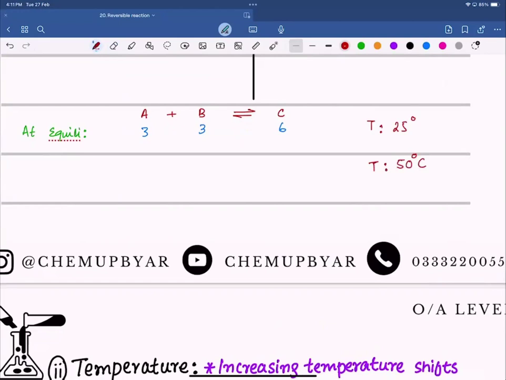So actually, what change occurs now? What is the change? Temperature. And what change is it, increased temperature or decreased temperature? Increasing temperature. So according to the Le Chatelier principle, the excess temperature would be decreased.